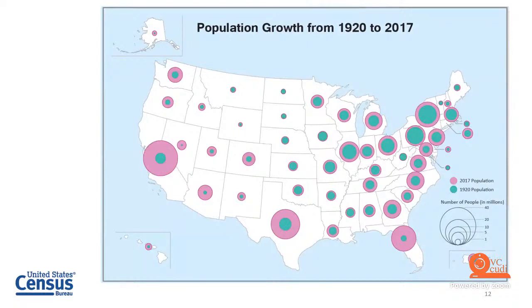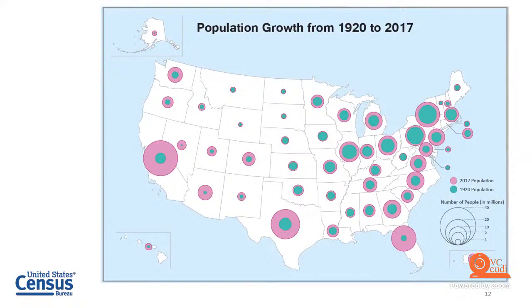This is an example of a map that was part of a larger poster that shows proportional circles representing population growth over a nearly 100-year period. The green circles represent the 1920 census population of each state, and the purple circles represent the 2017 population of each state.